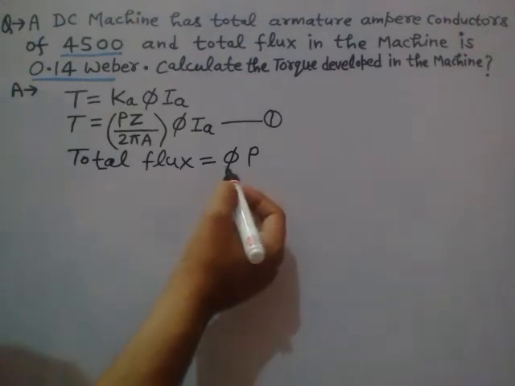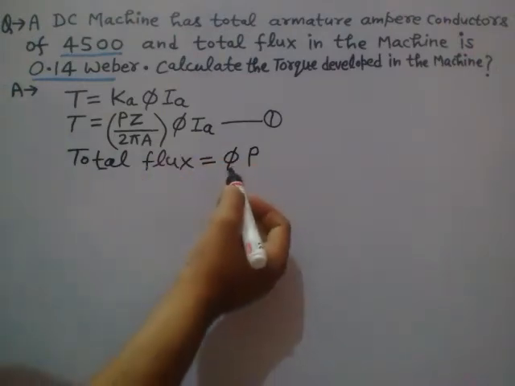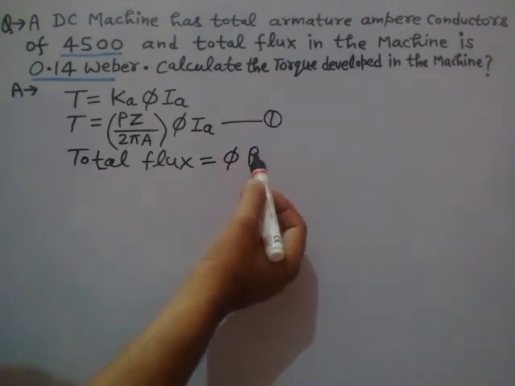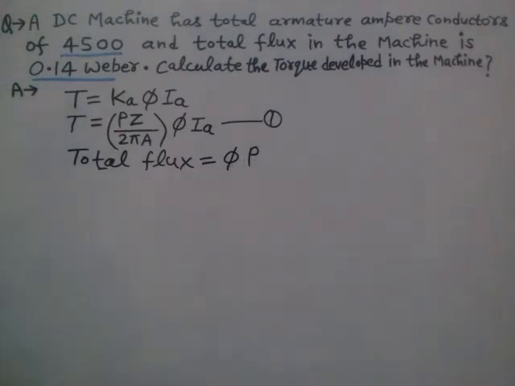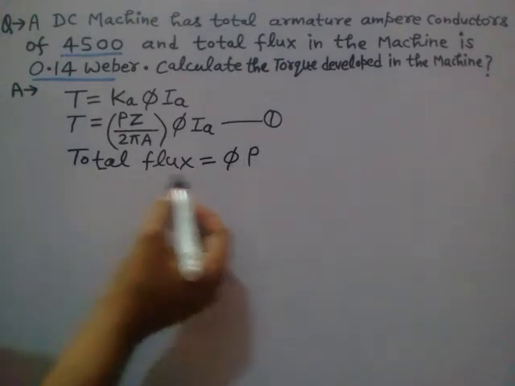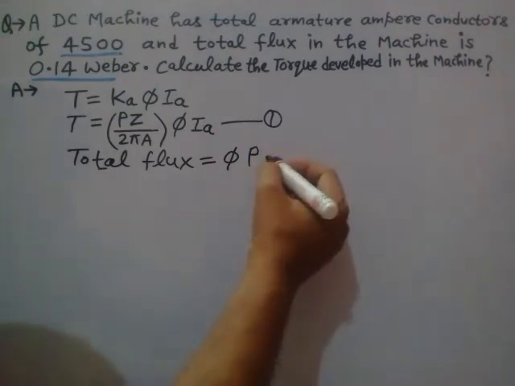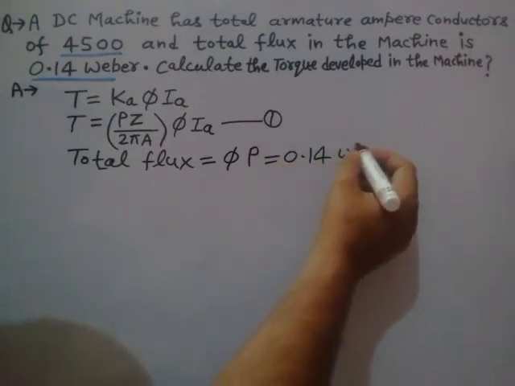Phi is the flux per pole, P is the total number of poles. So when phi is the flux passing through one pole, then if you multiply it with the total number of poles, it will become the total available flux in the machine. So P phi is the total flux in the machine and it is given as 0.14 Weber.